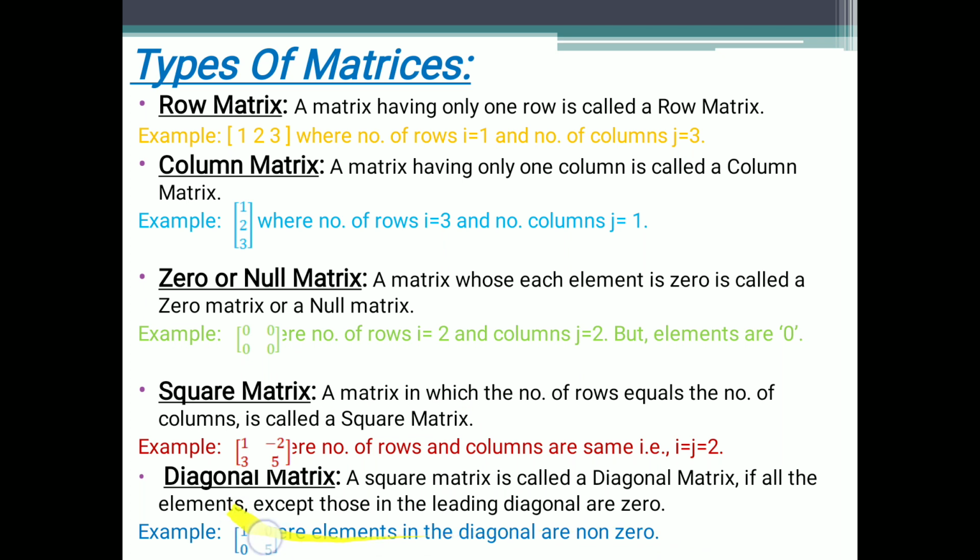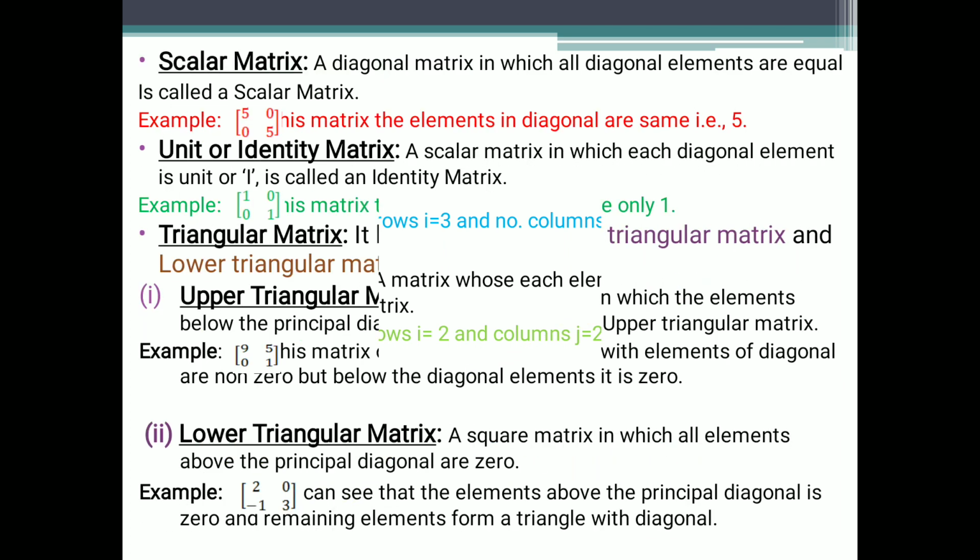So in the leading diagonal, the elements are non-zero, it will have some value. Apart from that, the others are 0. Clear? Only in the leading diagonal there will be non-zero elements. But apart from that, on the top and bottom of the diagonal, the elements will be 0. Let's move on to next.